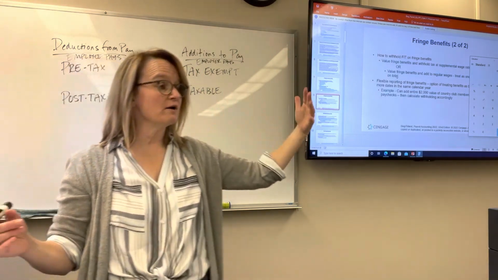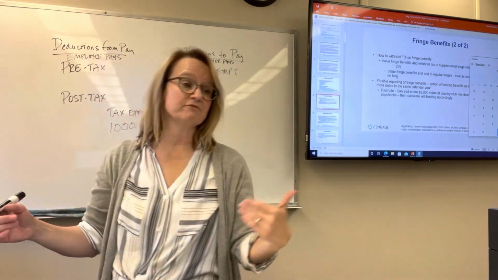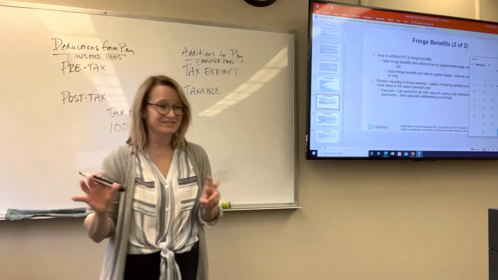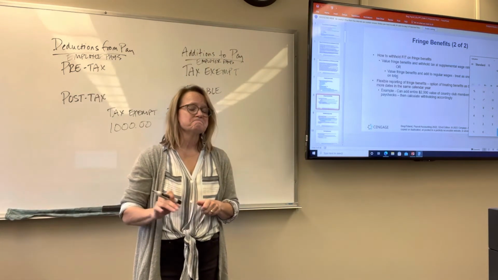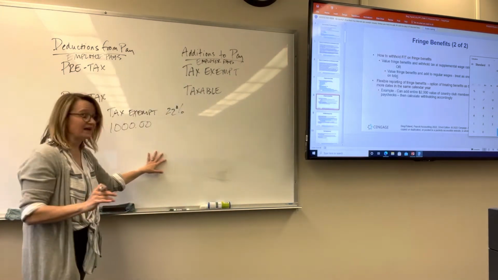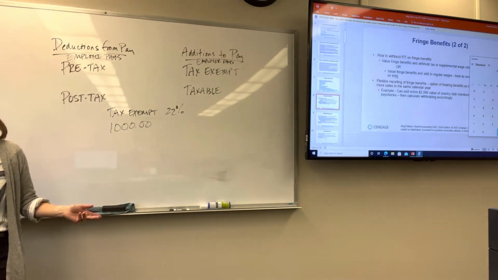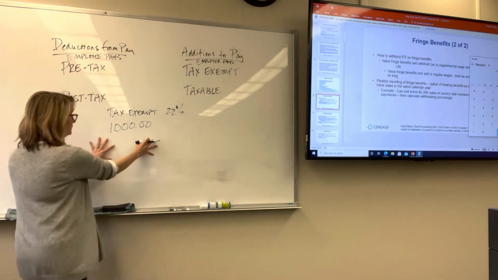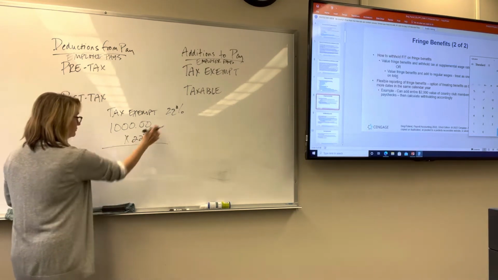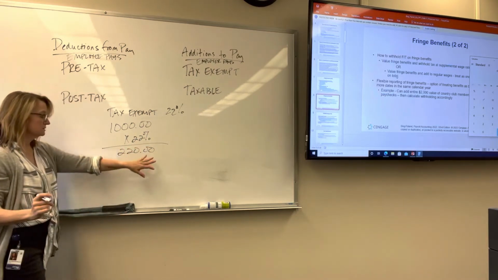The value of health insurance premiums that an employer pays on behalf of an employee, as long as it's part of what's called a cafeteria plan, and most employers have those set up, is not taxable to the employee. So we wouldn't add anything. We just take the 22% tax rate. So $220 is our tax.